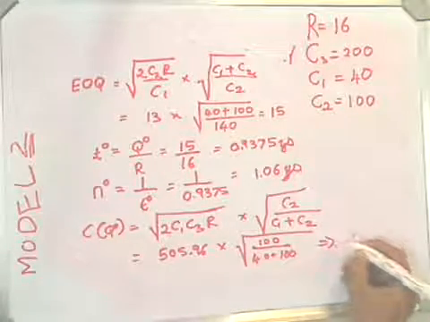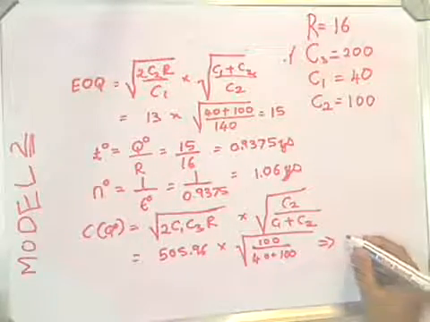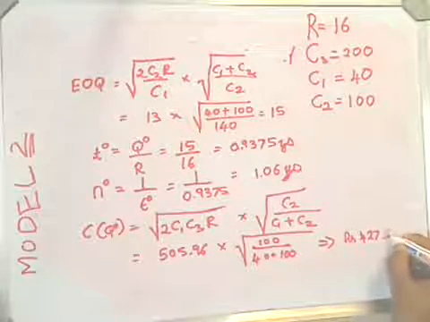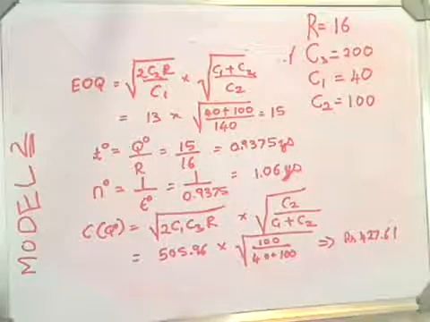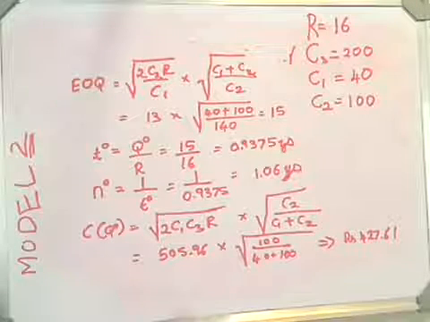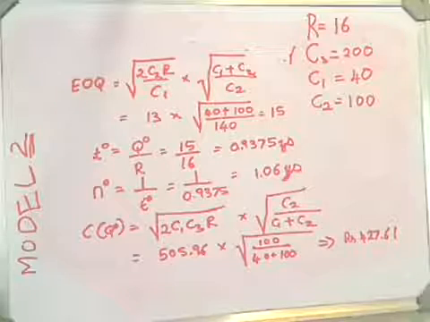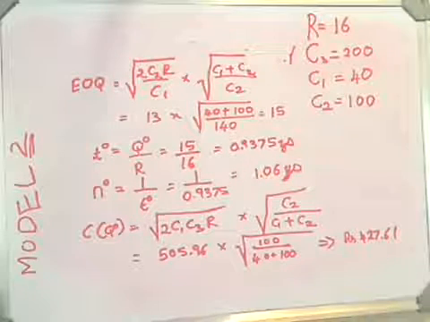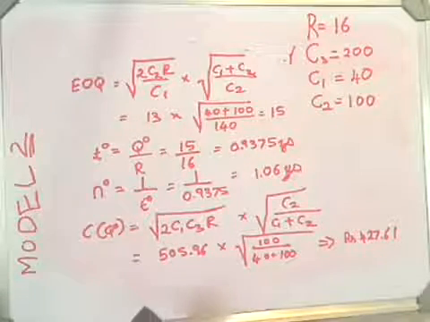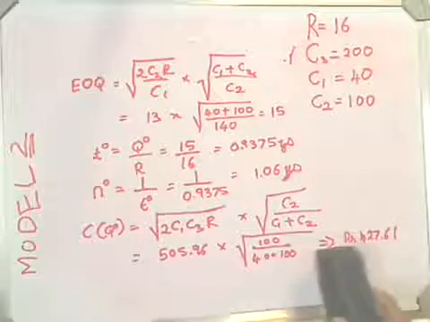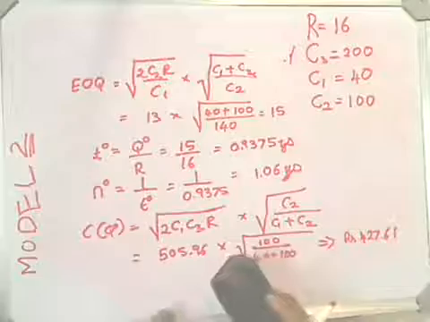This should give me the answer, which is rupees 427.61. This is the minimum average cost. Then there are a couple more formulae that I need to work out here. So I'll quickly erase this and I'll discuss them.